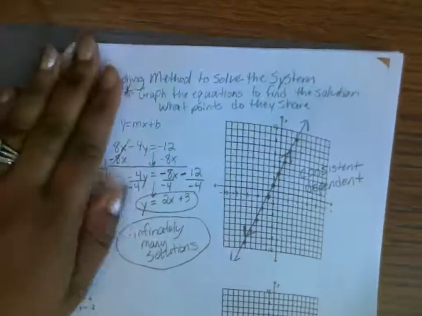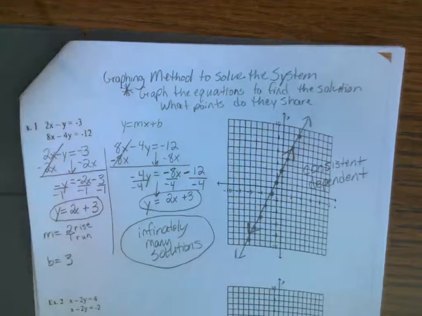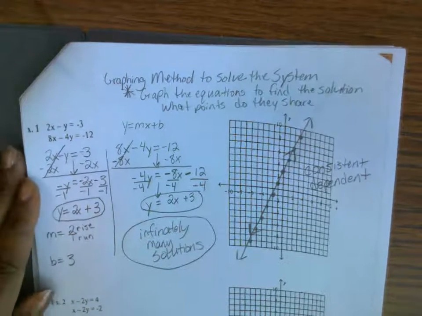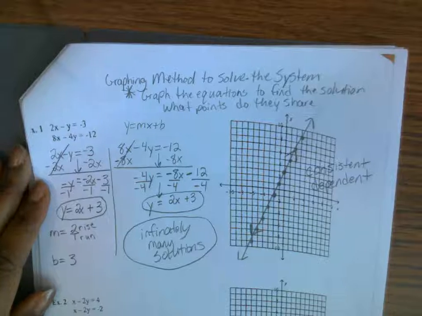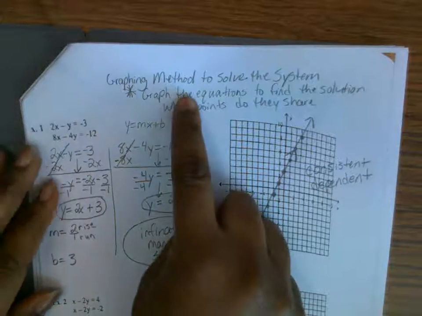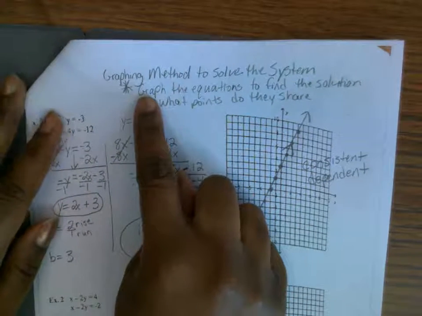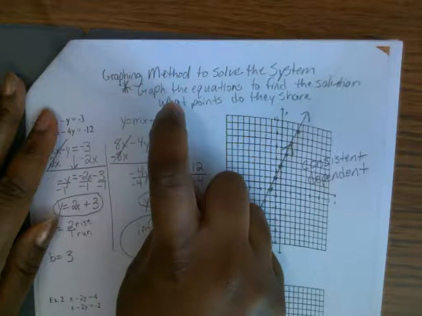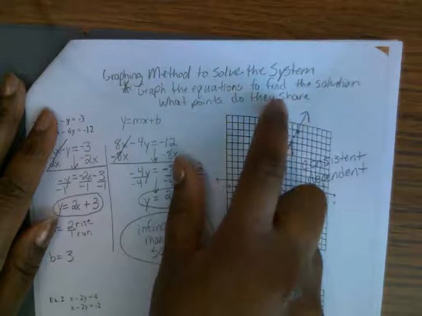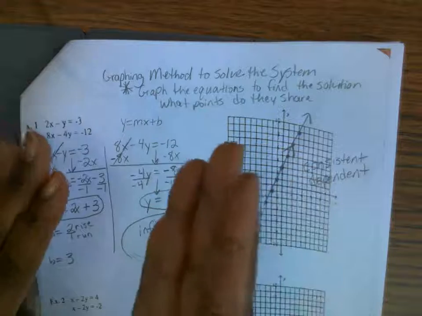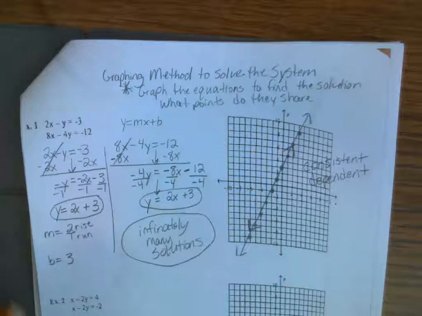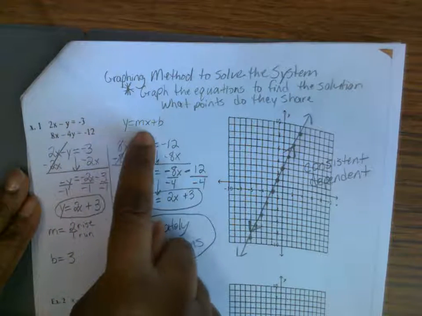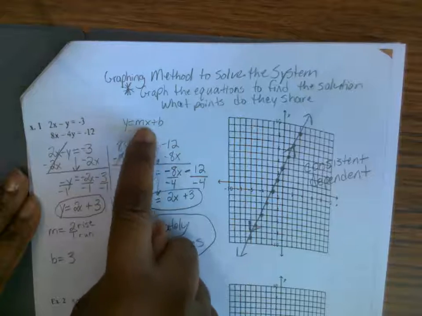All right. Then yesterday, we solved the system of linear equations by using the graphing method. Okay, we use the graphing method to solve a system of equations. And I wrote that up here. When you're using the graphing method, that means you're going to graph both of the equations to figure out what points they actually share. When you graph, an equation must be written in slope-intercept form.